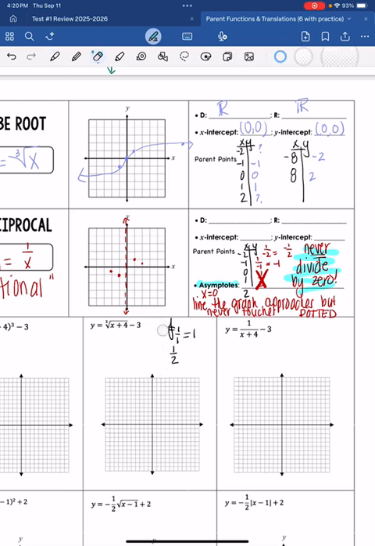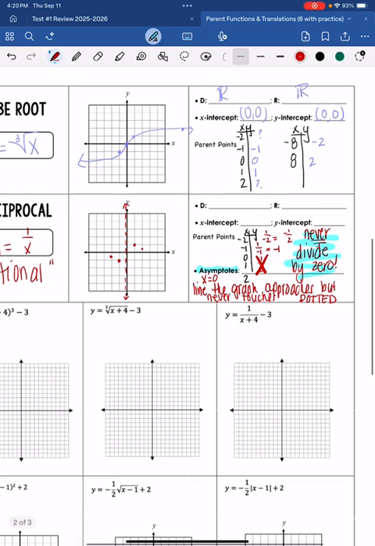Okay, so I want you to think about this for a second. I want you to answer this question. So if I'm making my t-chart here, what number can I plug in for x that's going to make y 0? If I plug in 1, do I get 0? No. If I plug in 2 or 3, if I plug in a negative number, am I going to get 0?